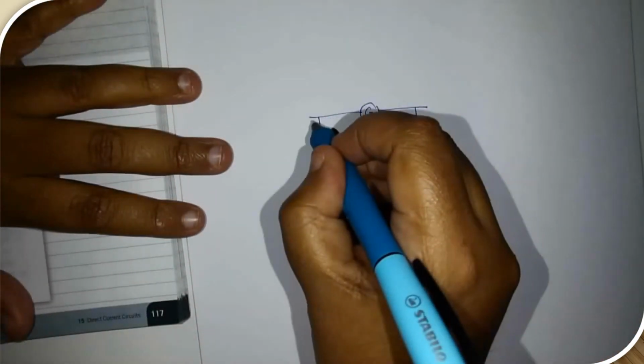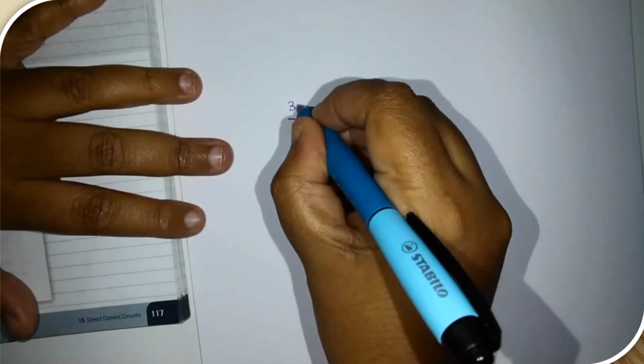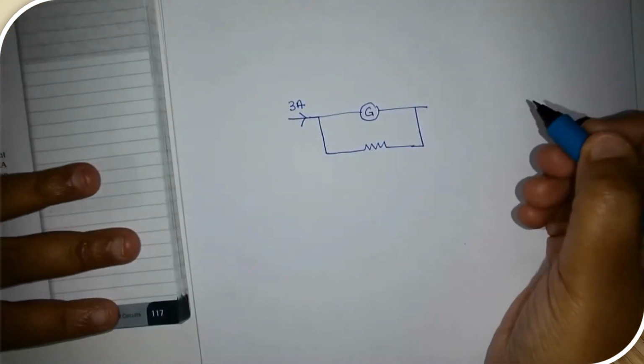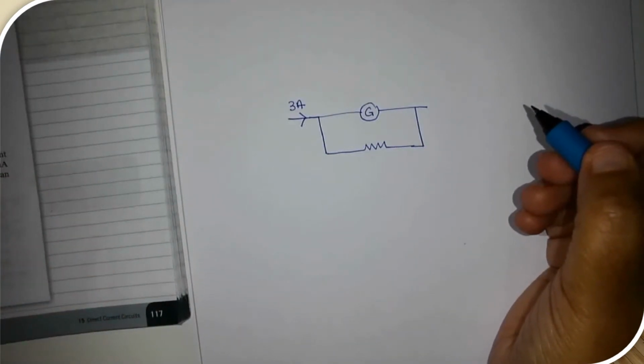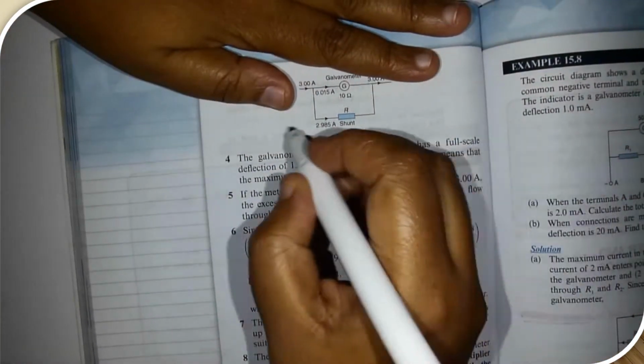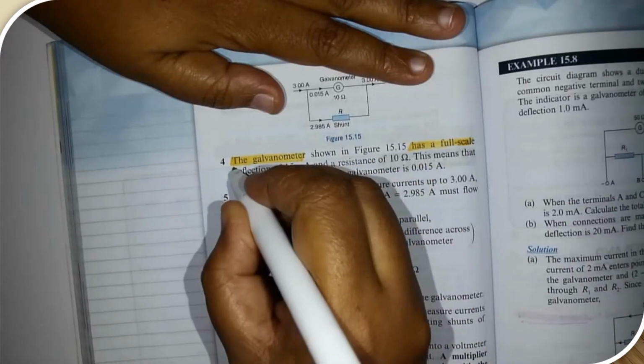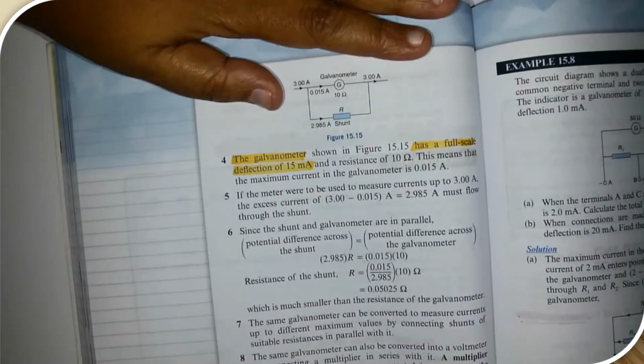And what happens is a large current flows, which is 3 ampere. If you read point number 4, the galvanometer has a full scale deflection of 15 milliampere.